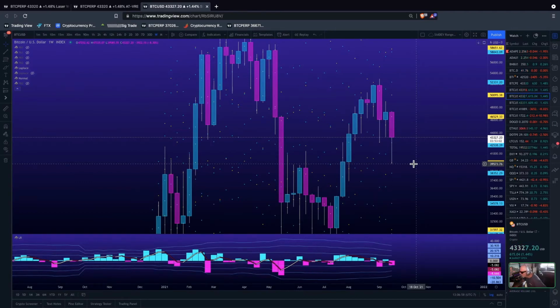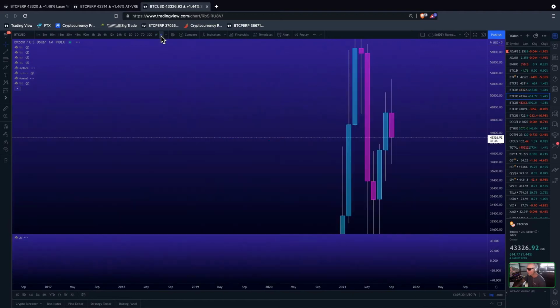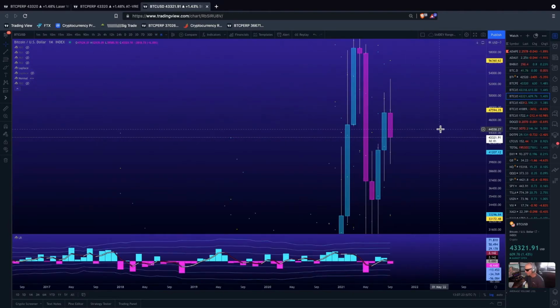So, where are we right now? Like I said, I was talking about by the end of the week, and that end of the week is coming in about 4 hours. So I was looking for this to be up here around 46K. Right here, that yellow dot inside the candle, that is the bottom side of the 68.3% on the weekly. Let's throw this on the monthly real quick.